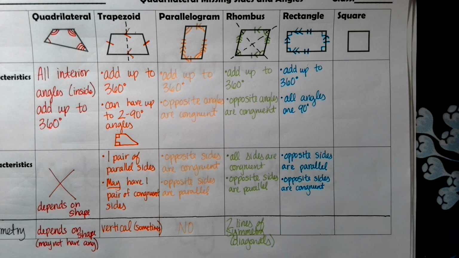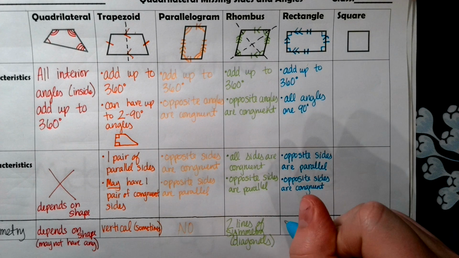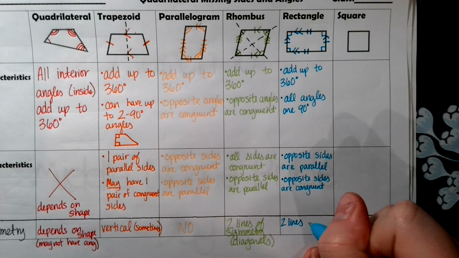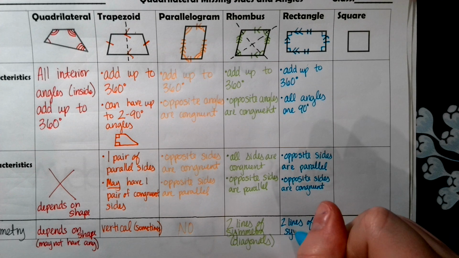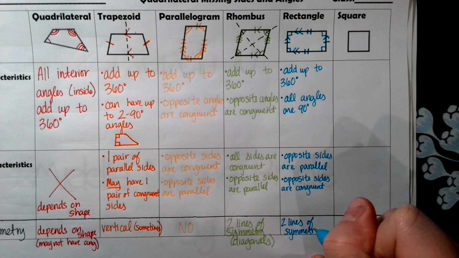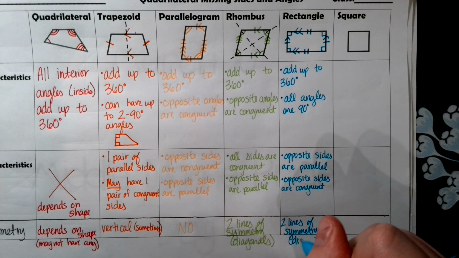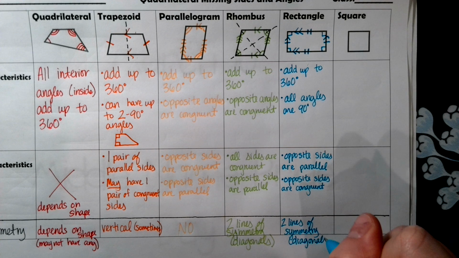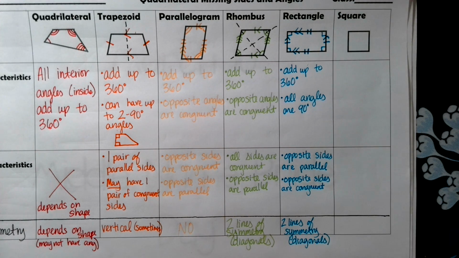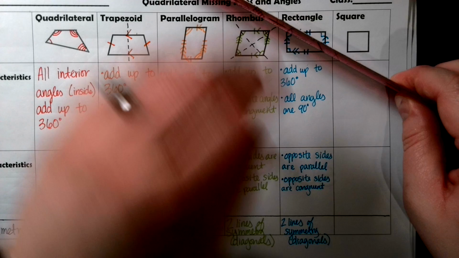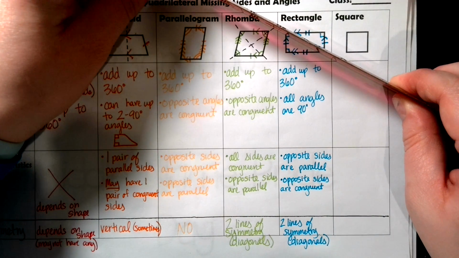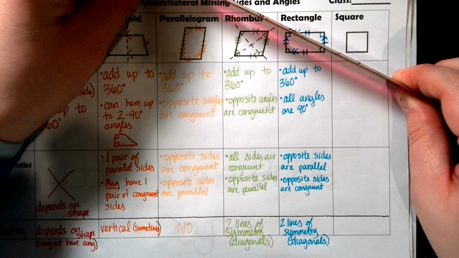For symmetry, again, we have two lines of symmetry, and they are again diagonals. These diagonals are kind of special because these diagonals are the exact same length.